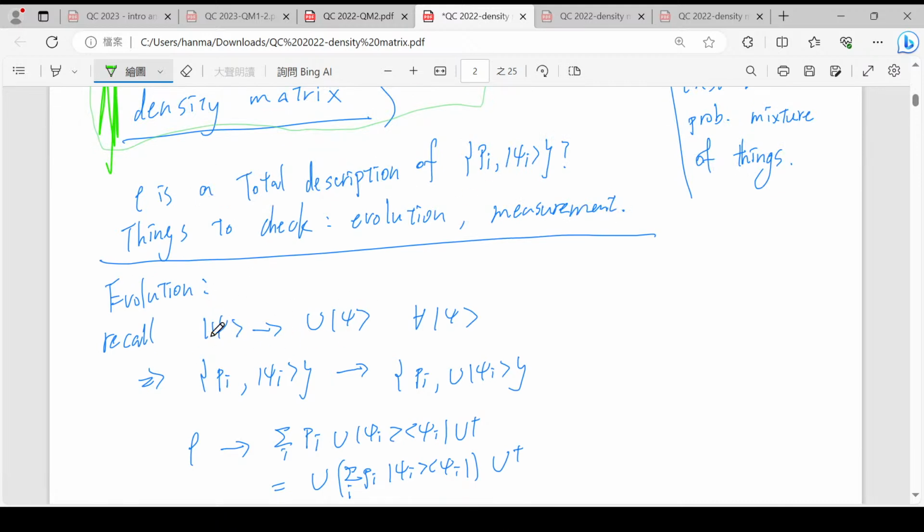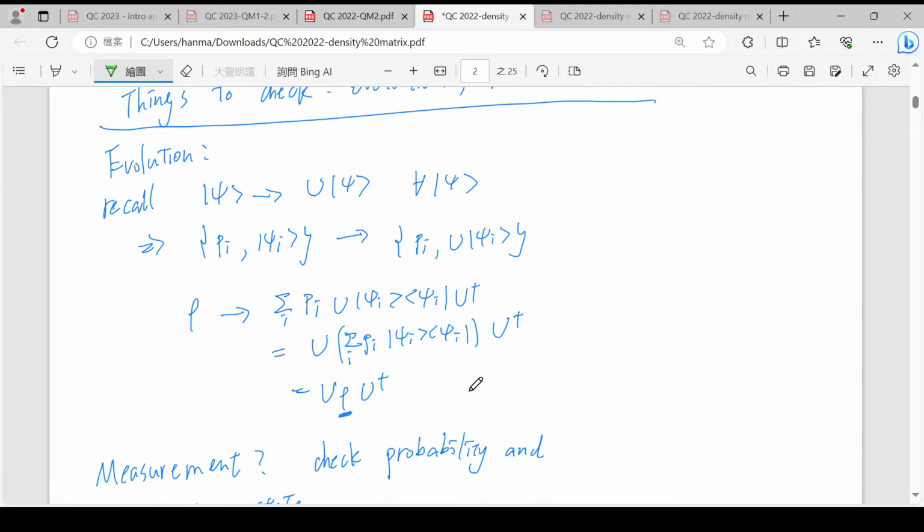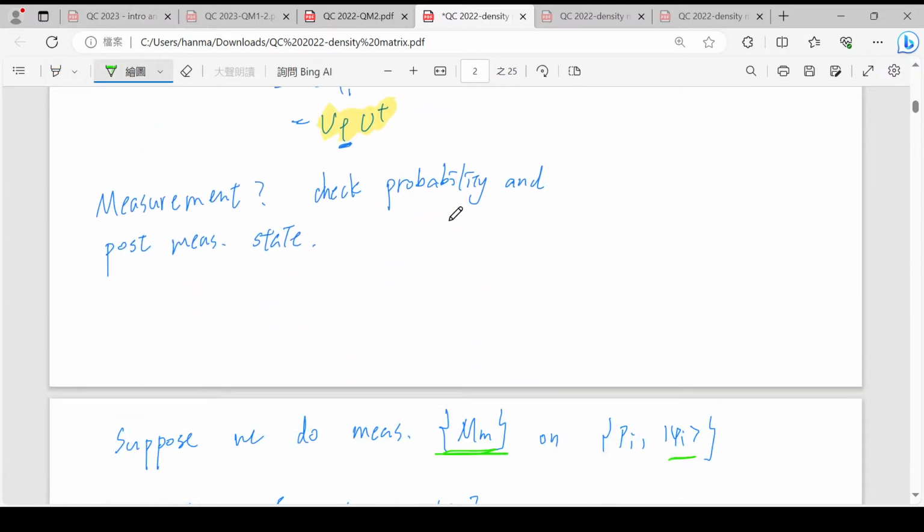If the system gets acted on by some unitary, then psi gets mapped to U psi, and rho will evolve to U rho U dagger. If you just take the result, this is what will happen, and this corresponds to the evolved ensemble, where every state is evolved by this U. And also measurement, we can check that.